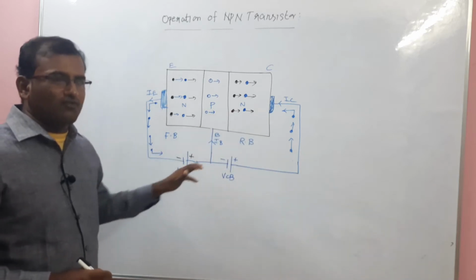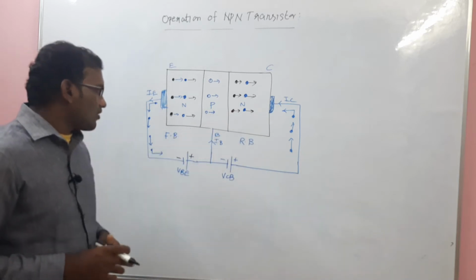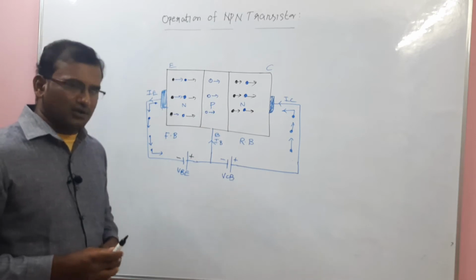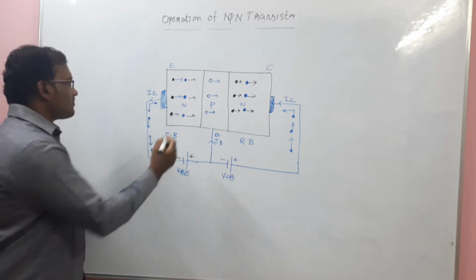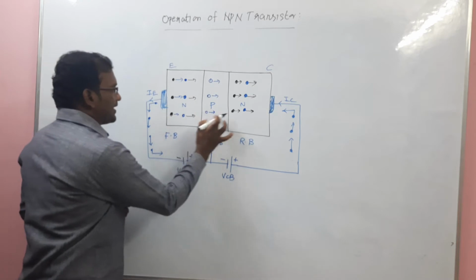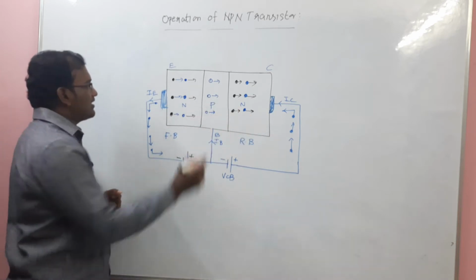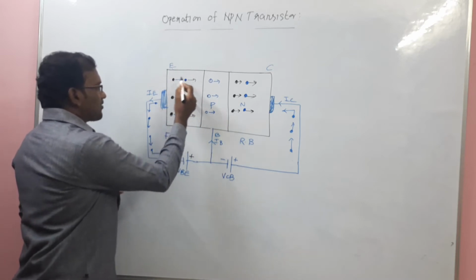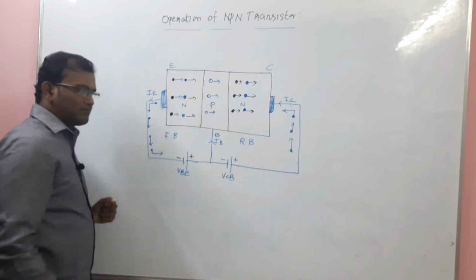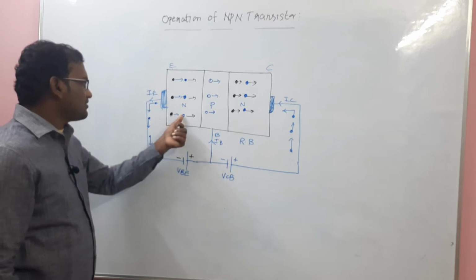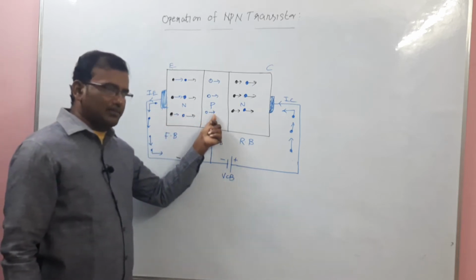How will the current flow in the operation of the NPN transistor? Let's see. In the emitter region, electrons are the majority carriers in the N region and holes are the minority carriers in the P region.